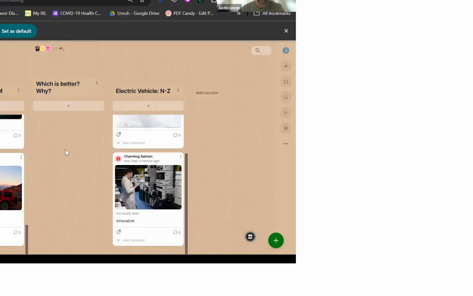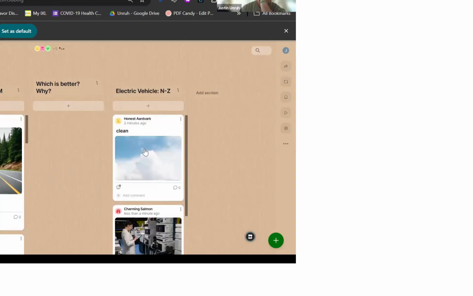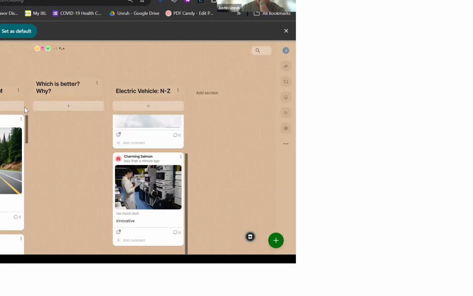Two more minutes. If you need help, let me know. If you want to make a post, you just click on one of these plus signs, either A through M or N through Z, and that's how you make your post.